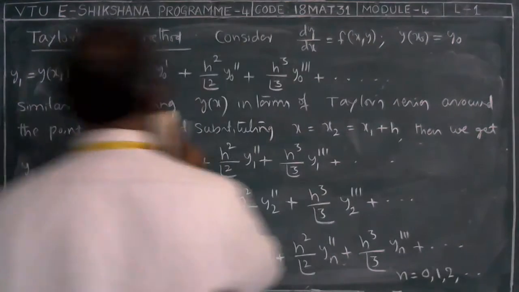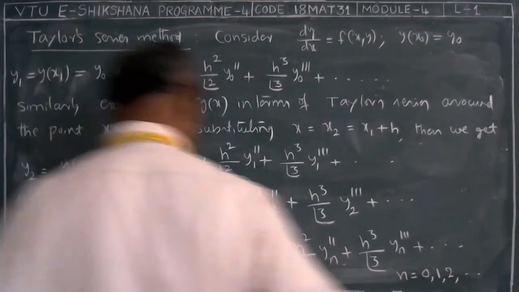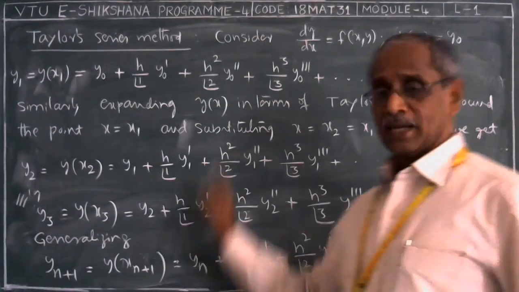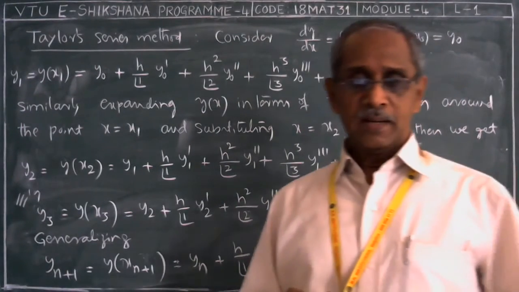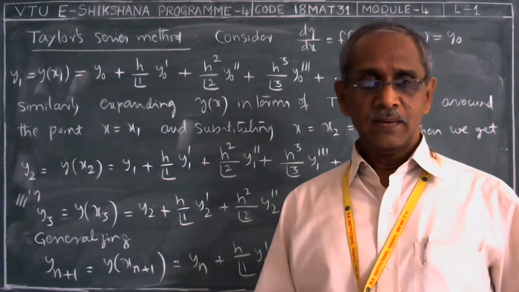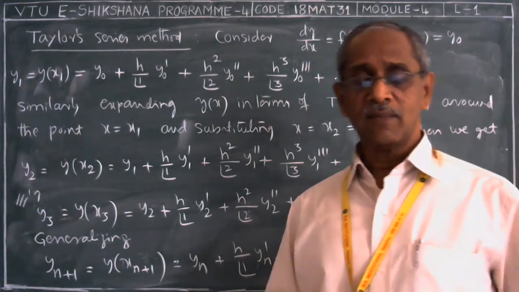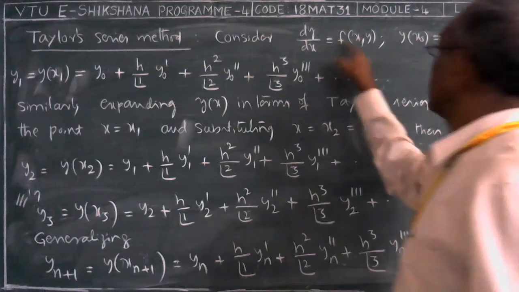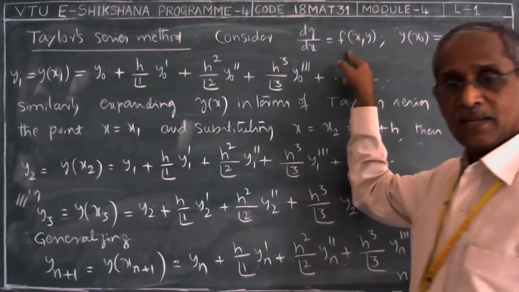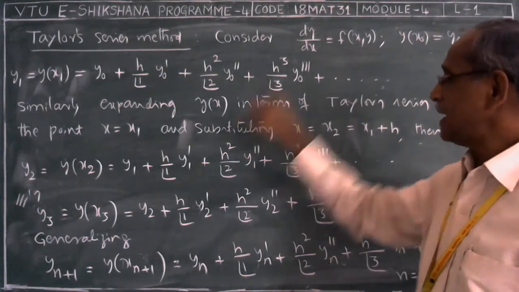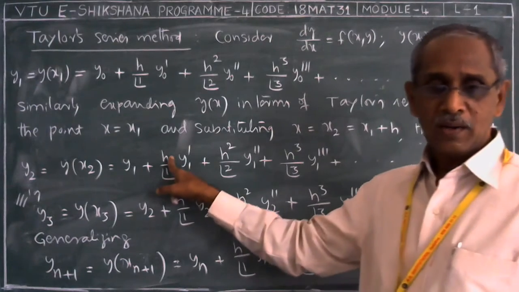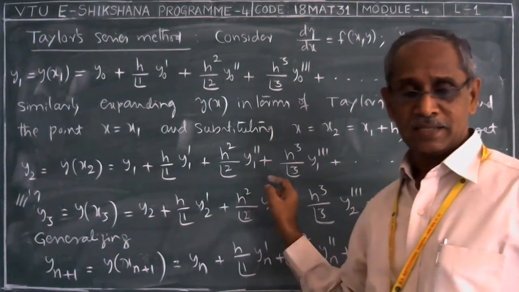Now, this Taylor series method is applicable only when the derivatives of f of x comma y exist and h is small so that the series converges.